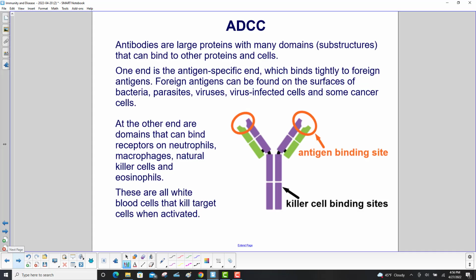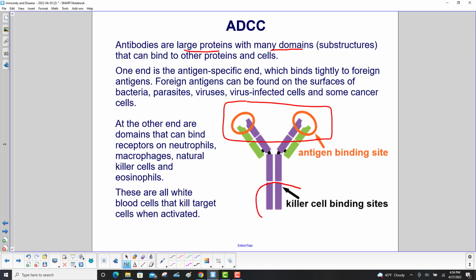The same picture we had earlier, just some more details on it. They're large proteins with many domains or substructures that can bond to other proteins and cells. One end is the antigen-specific end, and that binds tightly to foreign antigens. Foreign antigens can be found on the surfaces of bacteria, parasites, viruses, virus-infected cells, and some cancer cells.